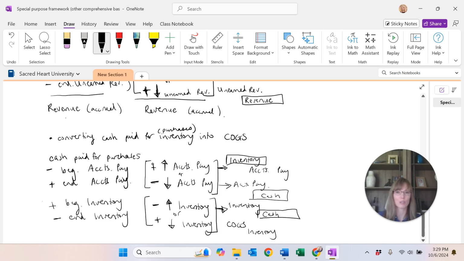So the other side of this entry would be cost of goods sold, in which case we have an expense, but we have nothing happening to cash here. So we need to add to our cash purchases, which did not account for the inventory that was sold here but not paid for. We're going to add that cost of goods sold to get to our cost of goods sold on an accrual basis.